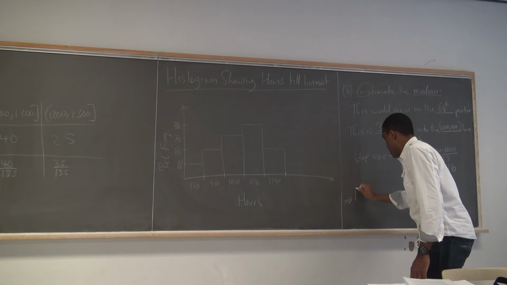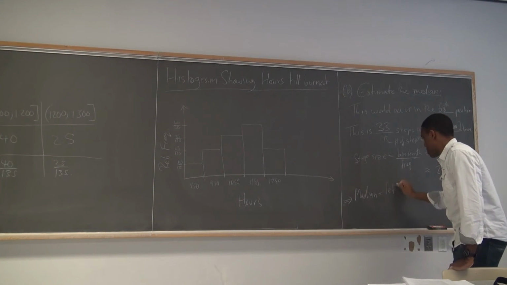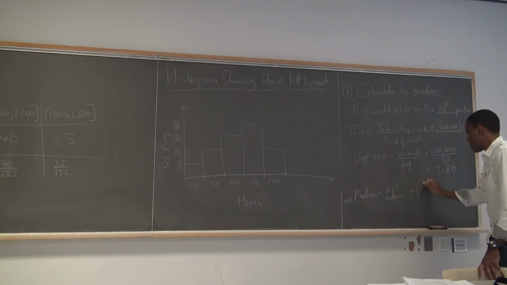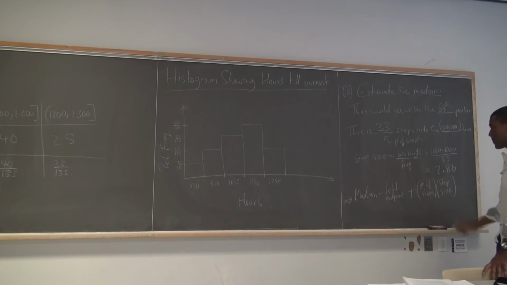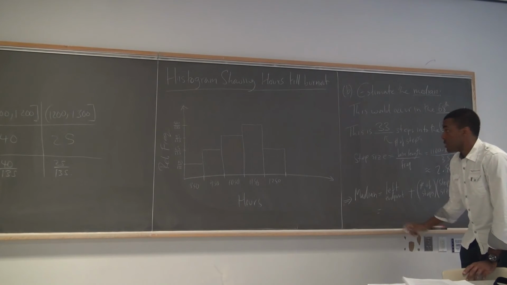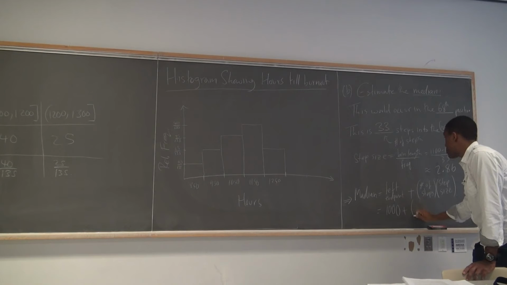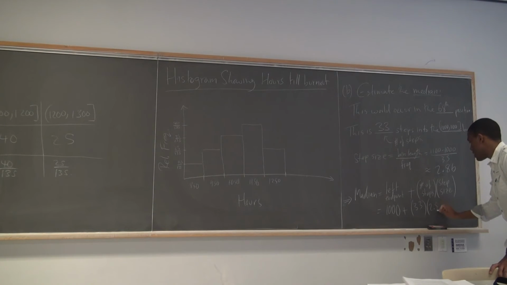This means the median equals left endpoint plus number of steps times step size. The left endpoint of that bin is 1000 plus the number of steps, 33, times the step size, 2.86.